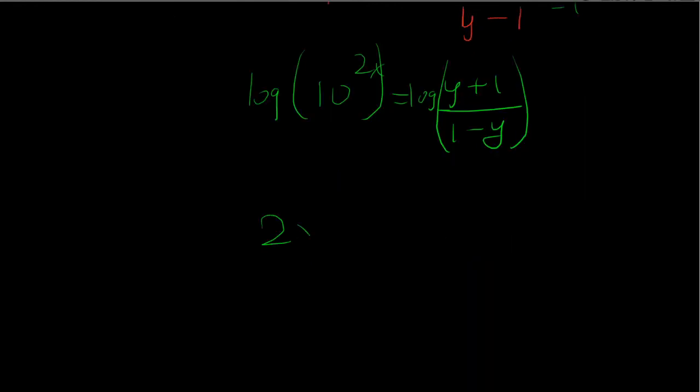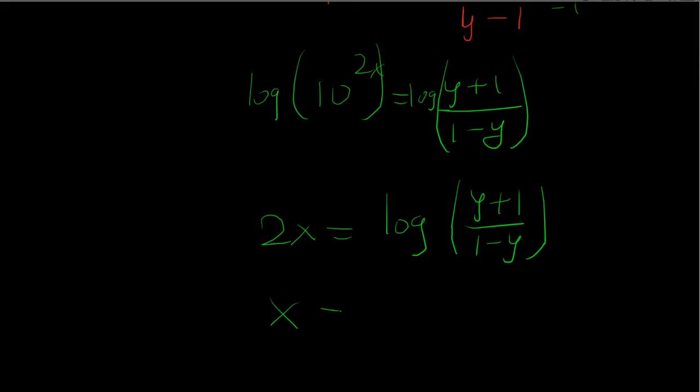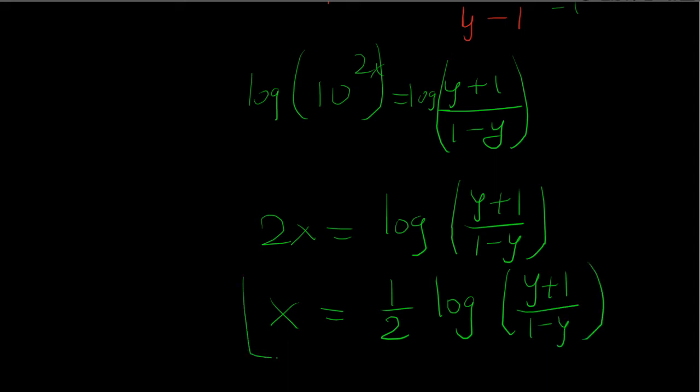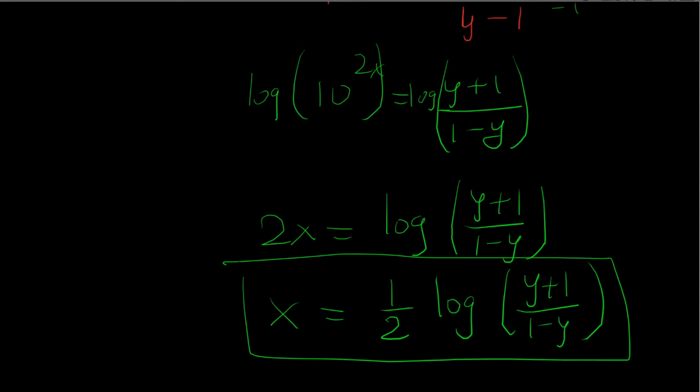So I have 2x is equal to log of (y + 1) over (1 − y). And so x will then be 1/2 log of (y + 1) over (1 − y). So that's the final answer.